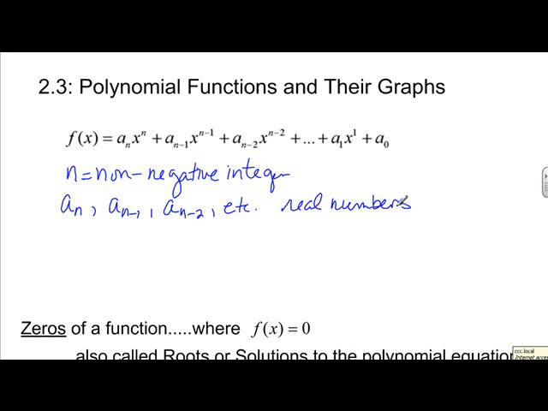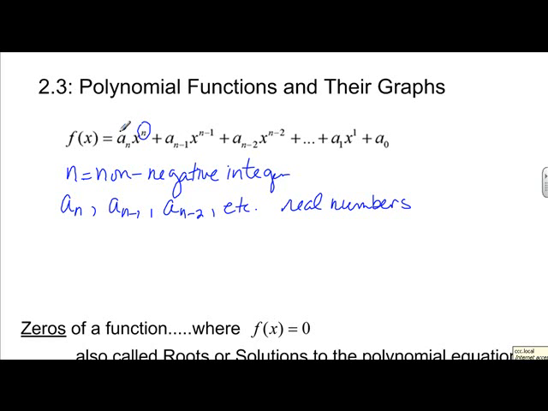Now, in standard form, a polynomial function is written in descending order of the variable. The degree of the function is determined by the highest degree term. And typically the highest degree term is written first, and then the terms decrease in order after that.